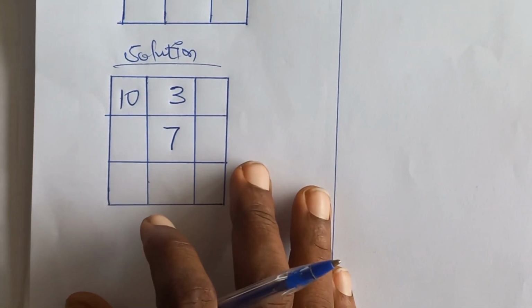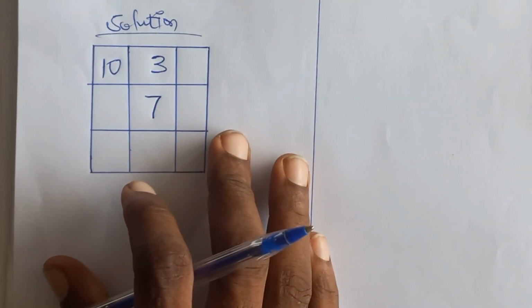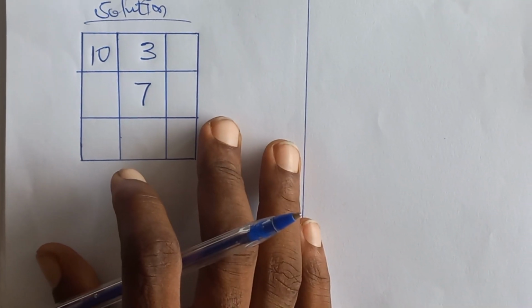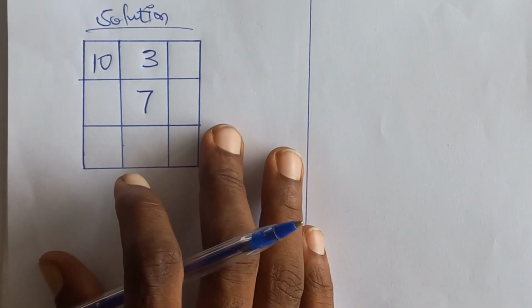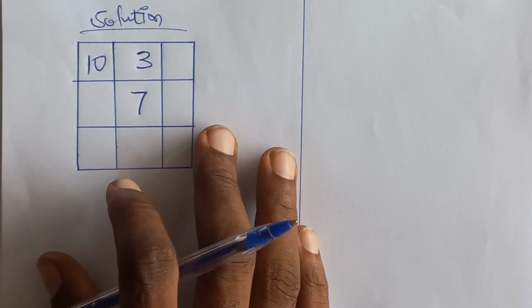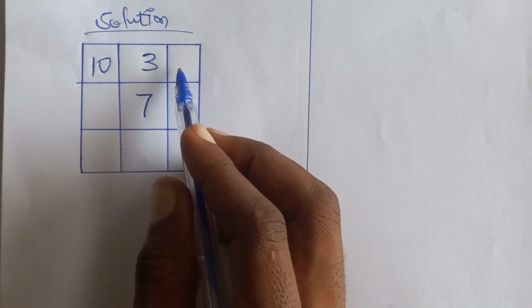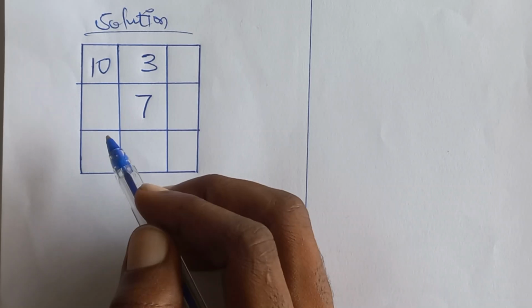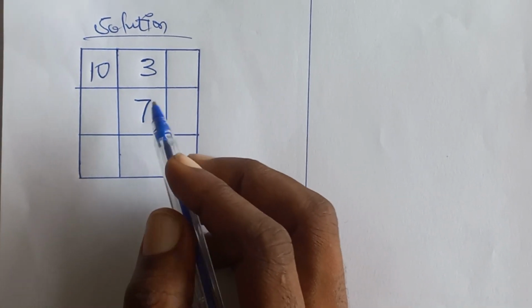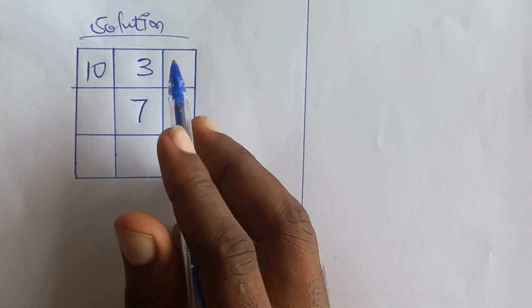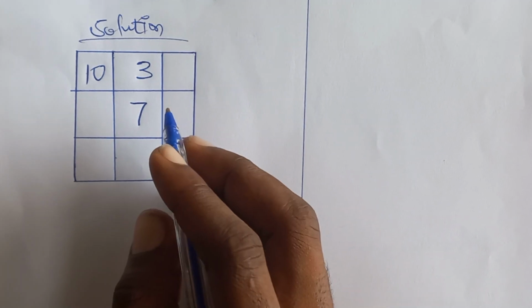So this question, as I have explained already, we have to indicate or place in variables for the numbers that we don't know. Since they are all addition, we have to represent the numbers that we don't know with a certain variable.